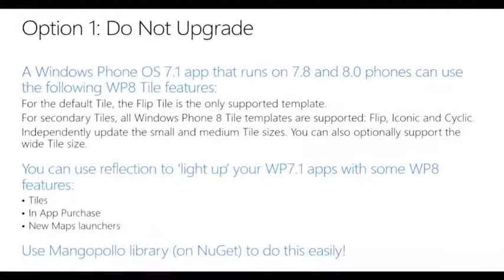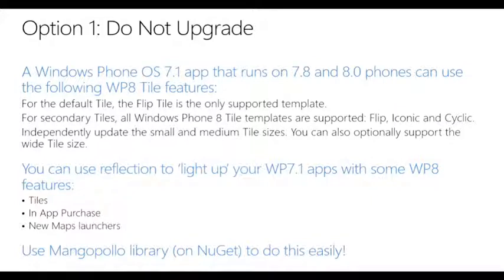So there's a technique for doing that. If you're thinking about upgrading your app from 7.1 to 8 as a developer, the first thing you might choose to do is actually not to upgrade it at all, because you can still use the new tile formats when it's running on those devices that support it.